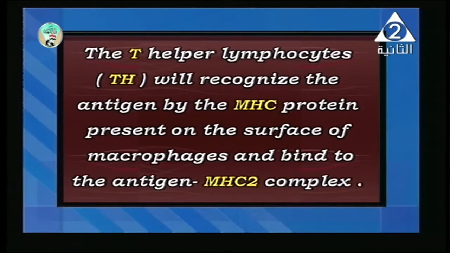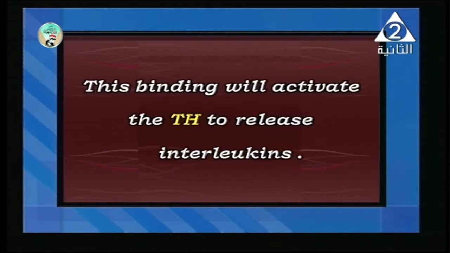After that, the T helper lymphocytes will recognize the antigen by the MHC protein that is present on the surface of the macrophages and bind to the antigen, the major histocompatibility complex, which directly binds.